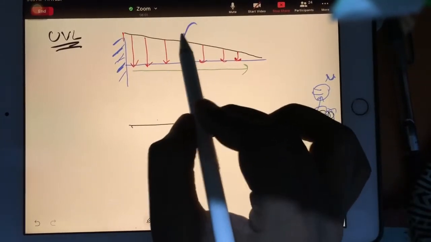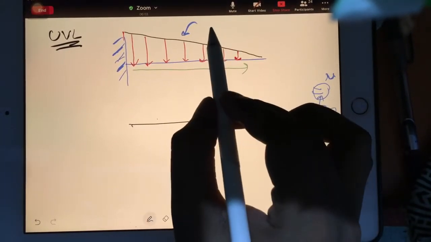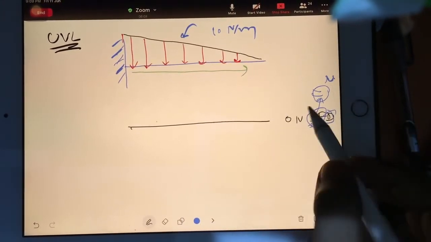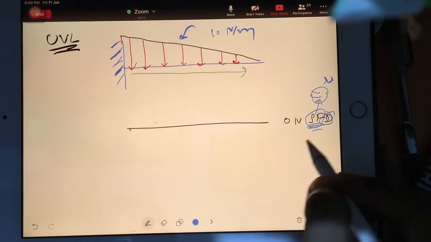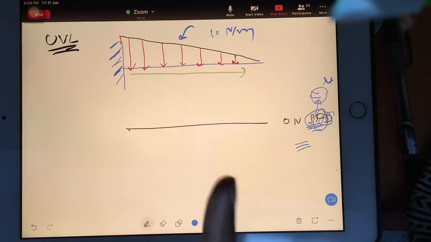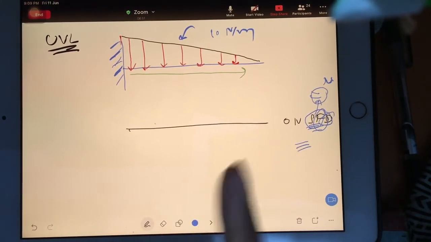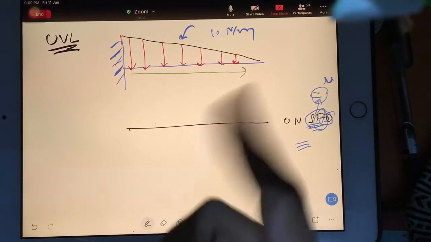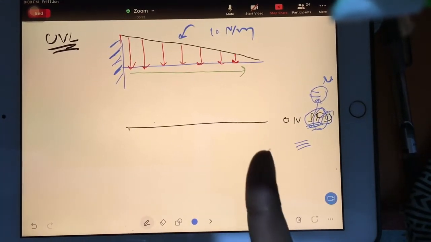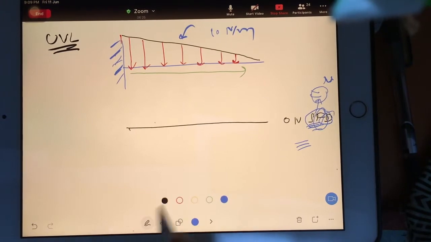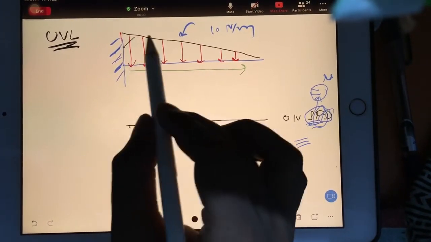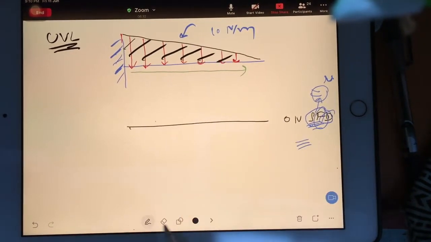Your UVL will be, for example, 10 Newton per meter. So first you have to find the total amount of force. To find the total force in case of UVL, you should find the entire area of this load.